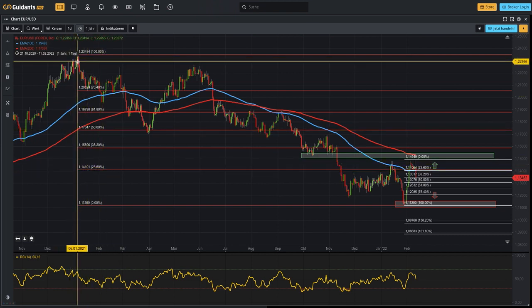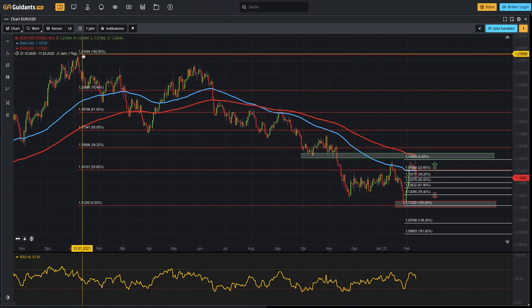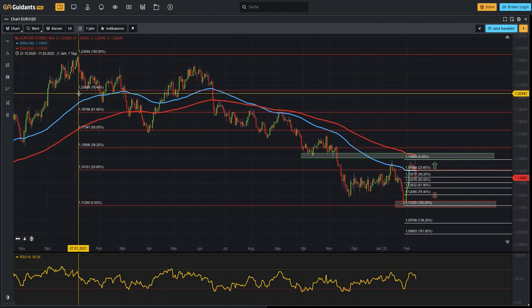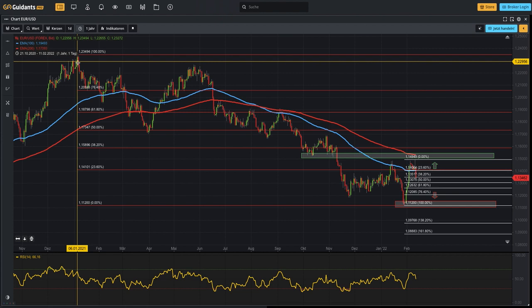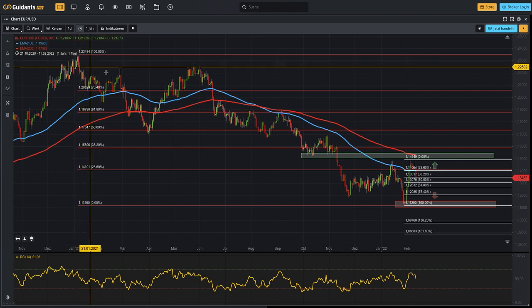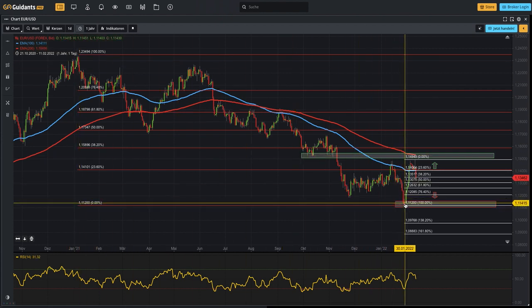You see the usual chart from the 123.49 high. That's the 100% fib, so the long-term high from January 6, 21, going down to this last low we see from 28th of January 22 at the level of 111.20.